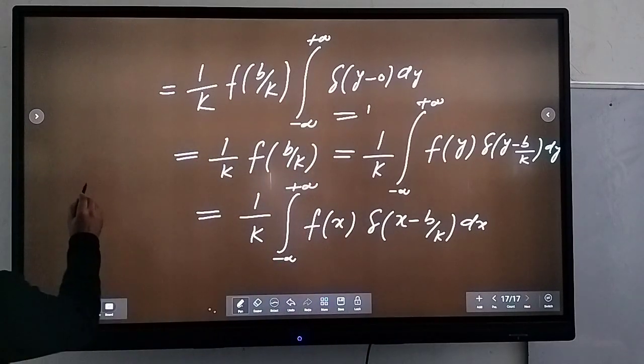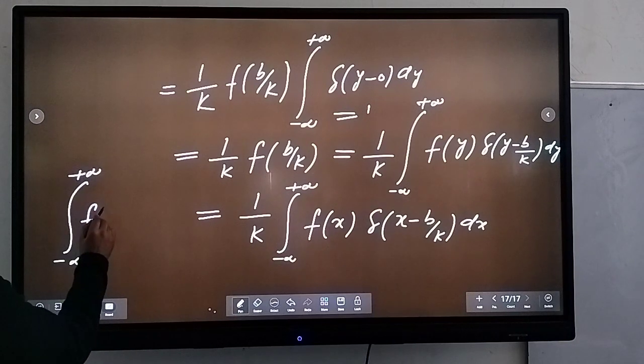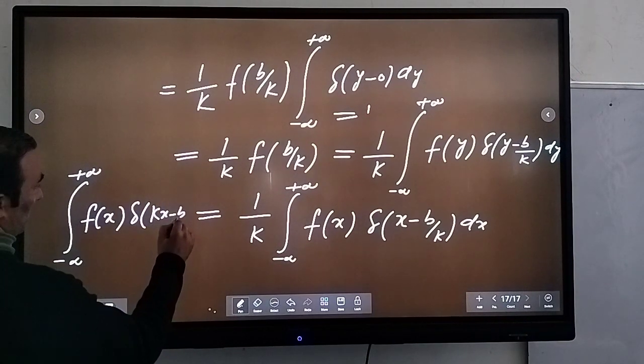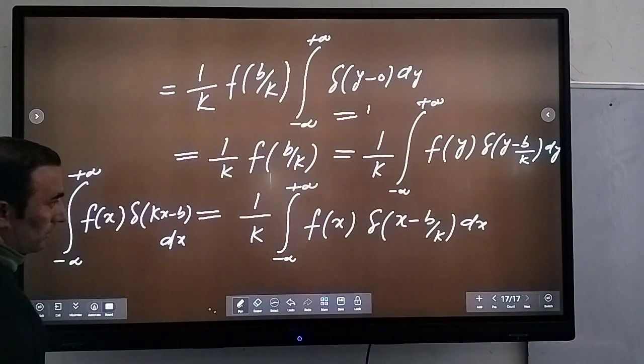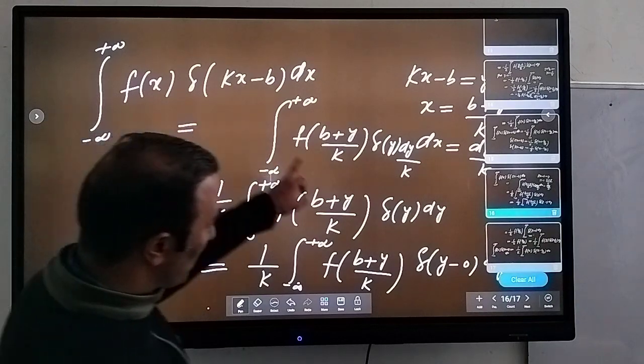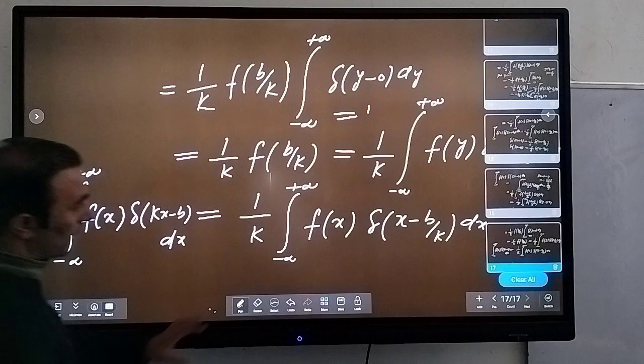So that's equal to this thing, because this was f of x, kx minus b, that's equal to this thing.